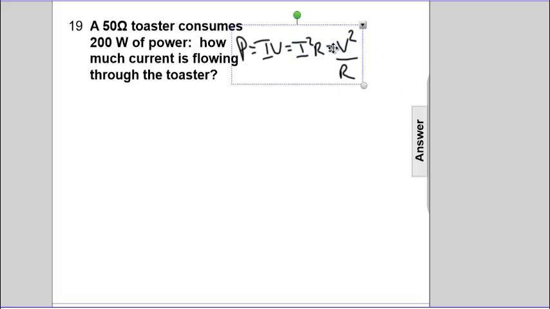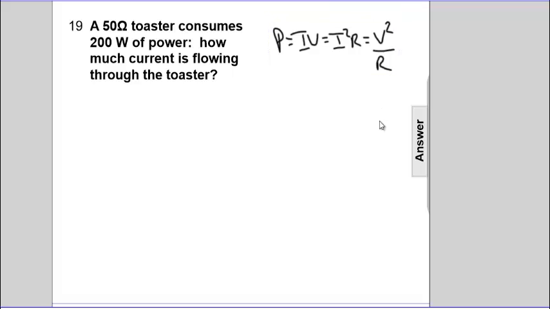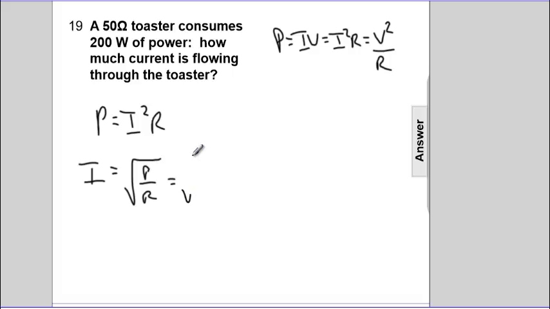This is a different model toaster. It has 200 watts of power, and it sends charges through a 50 ohm resistor filament. Again, power is I squared R. I will be the square root of power over resistance.